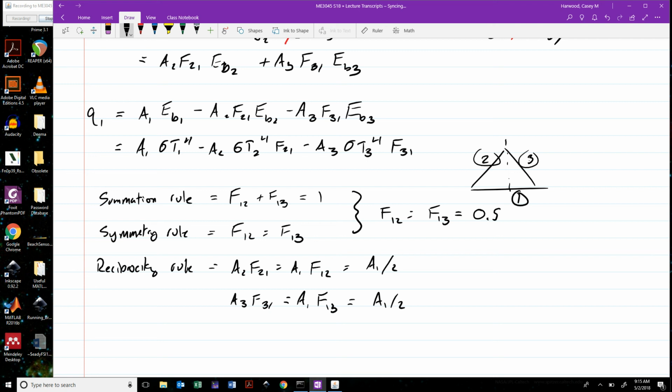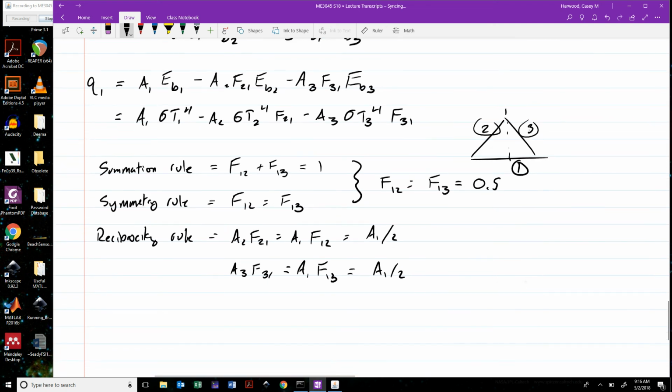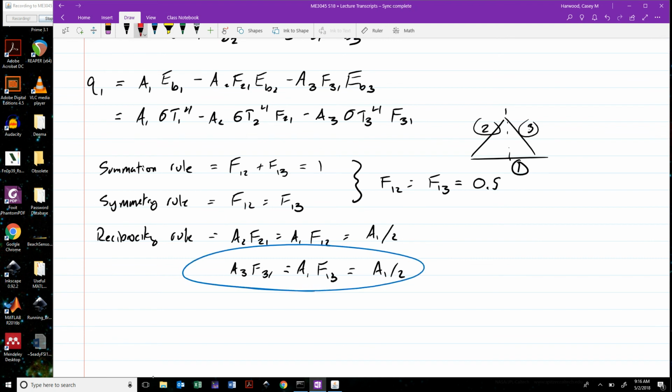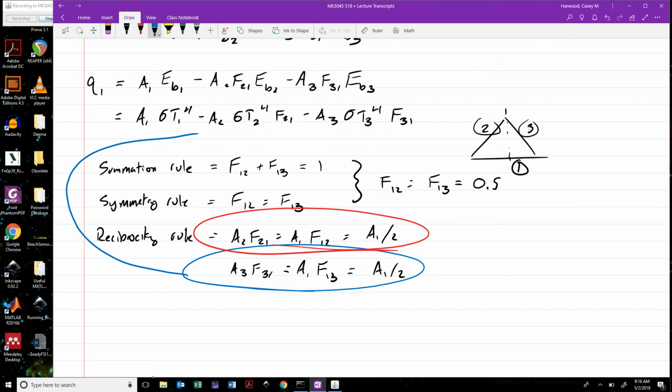Well, this is helpful because we've got A2 times F21 and A3 times F31 terms that we can now substitute in. So we respectively substitute them into these 2 terms.